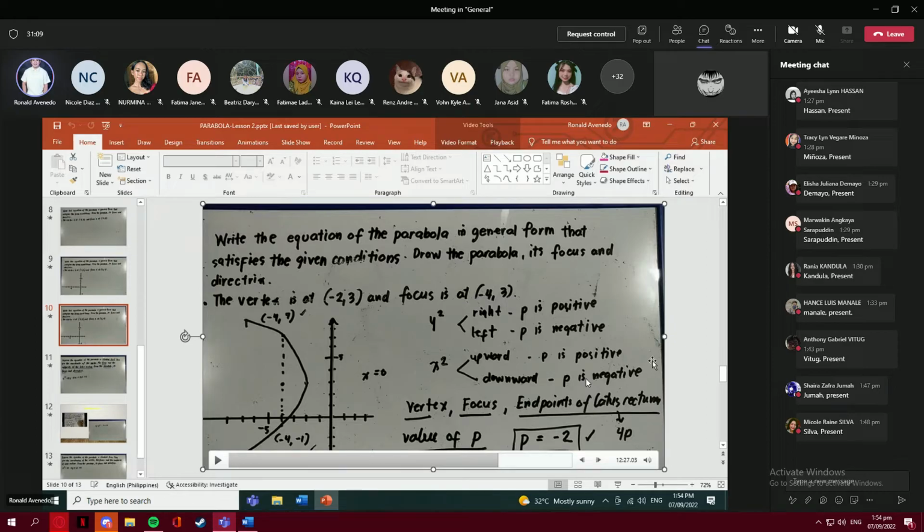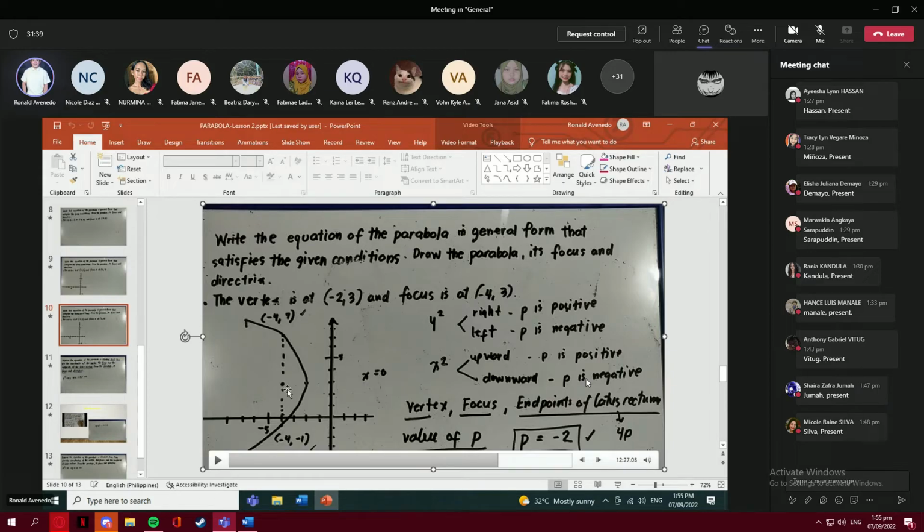Do not consider the sign. P is -2 without considering the sign, so we'll just consider 2. Then multiply it by 4 kasi yun ang formula ng endpoints of latus rectum. So ang length ng latus rectum, that is 4 times the value of P. Parang 4 na beses kung gaano kalayo ang vertex doon sa focus. So, since we have 2, so 4 times 2 is 8.